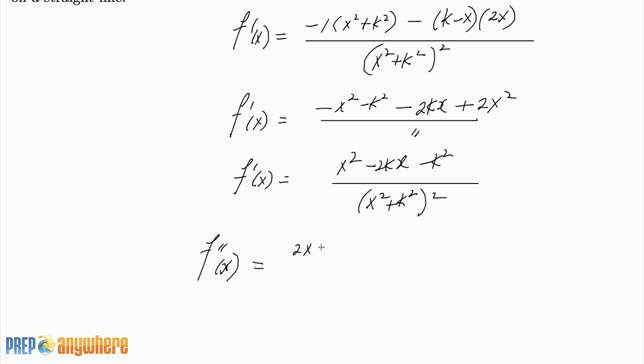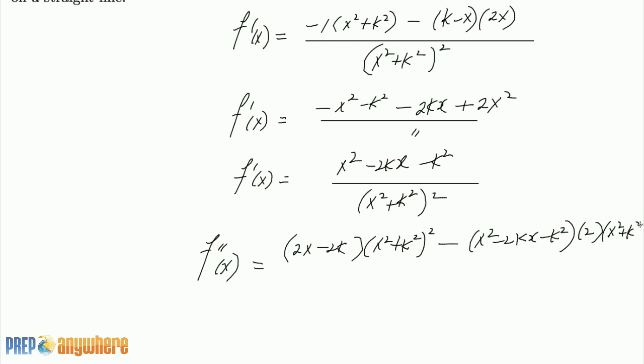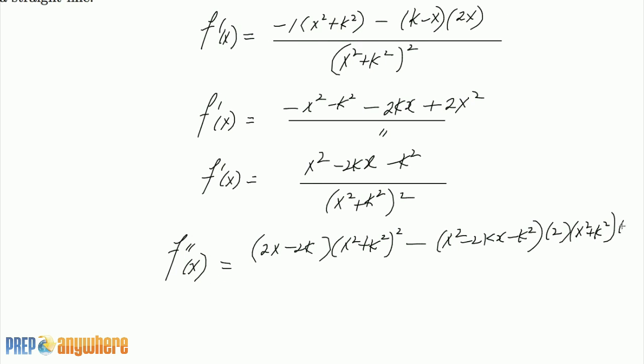So you get 2x minus 2k minus x squared minus 2kx minus k squared, 2x squared plus k squared times by 2x.